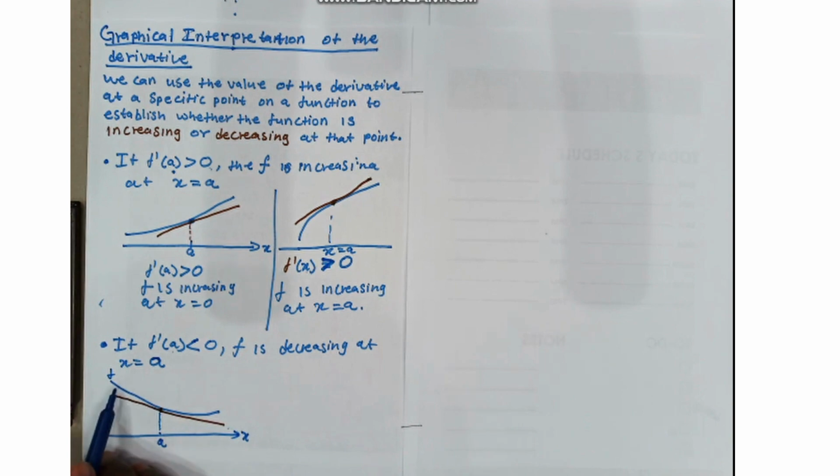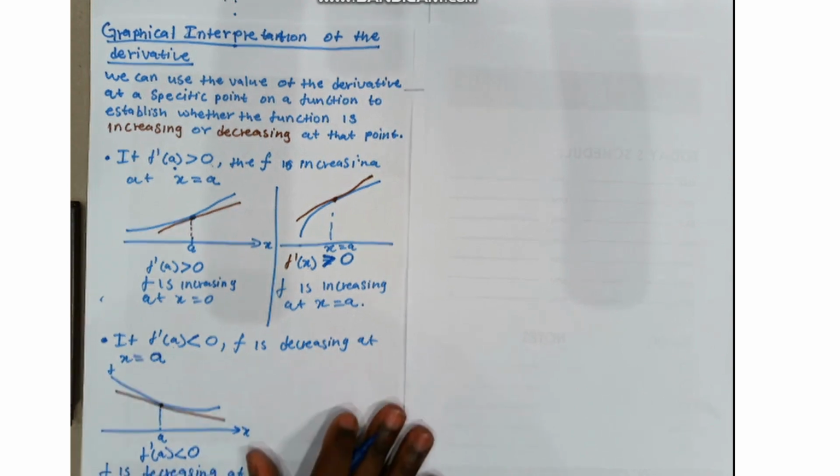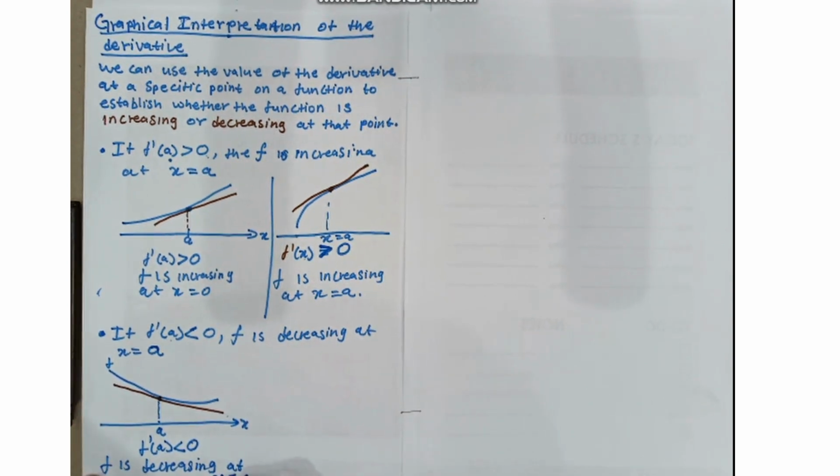If you look at our function here, starting from the top, you're going down, going down, going down. Our function is decreasing, meaning our f prime of a is less than 0. Therefore our f is decreasing at x is equal to a.